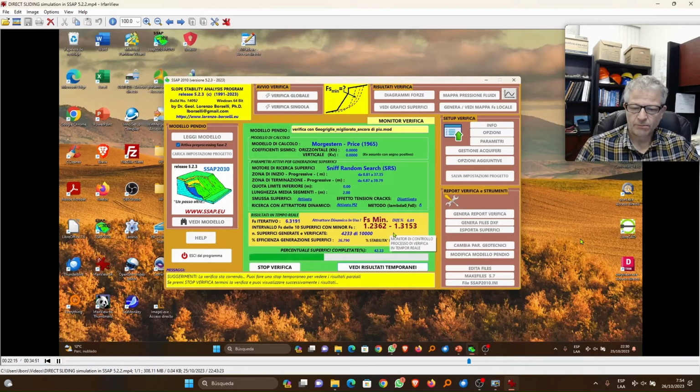We wait 1 more minute just to have more reliable results, because it's important in this phase. Of course, remember the complexity of the model may affect the time required for the processing.